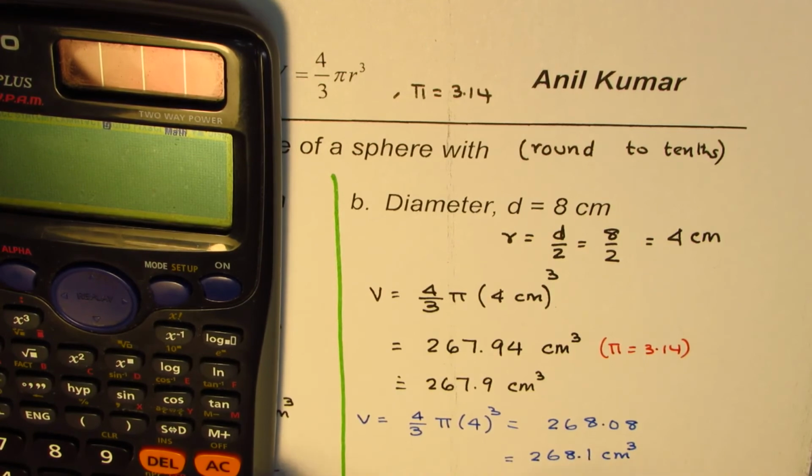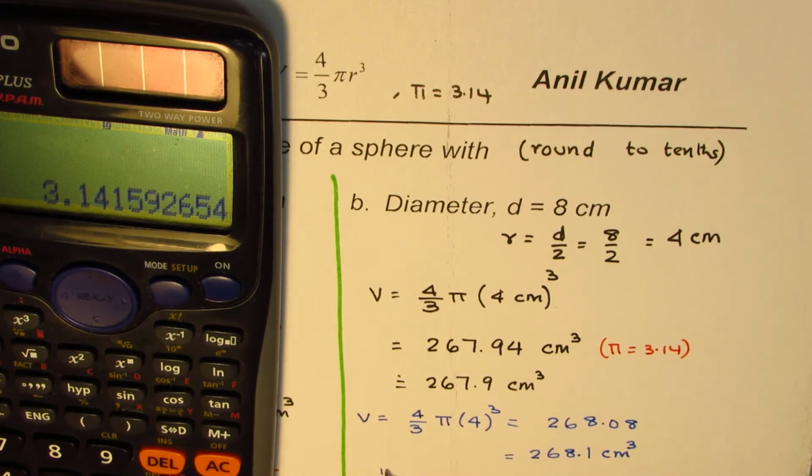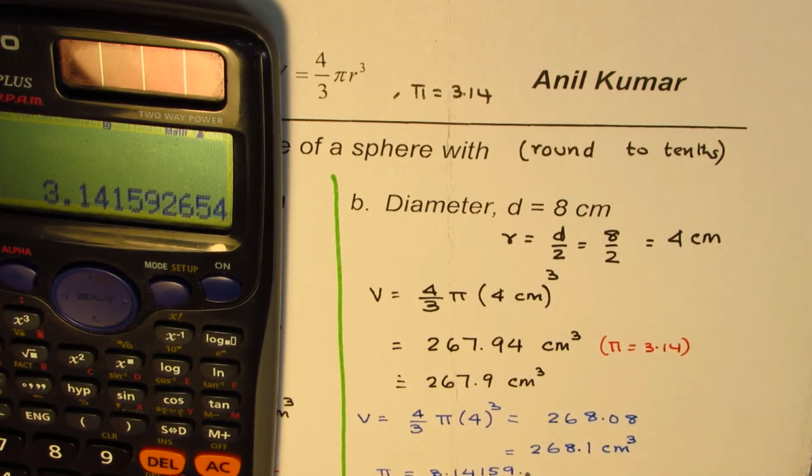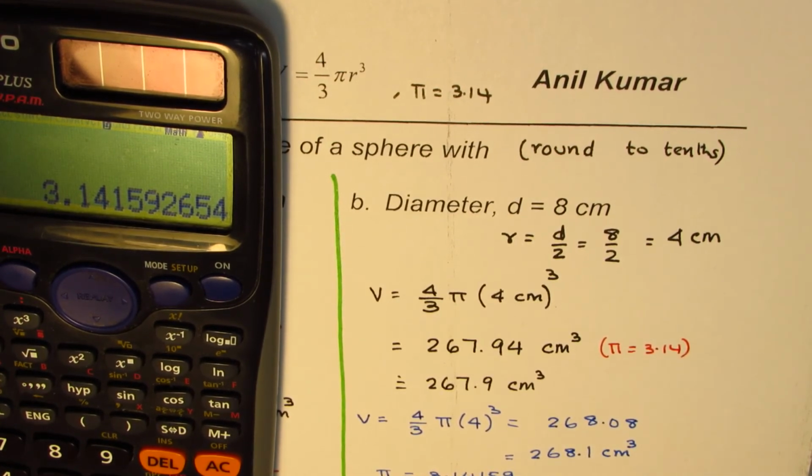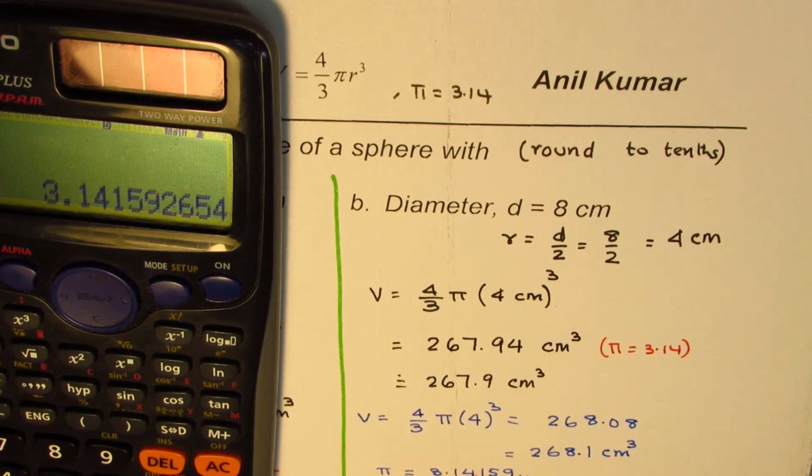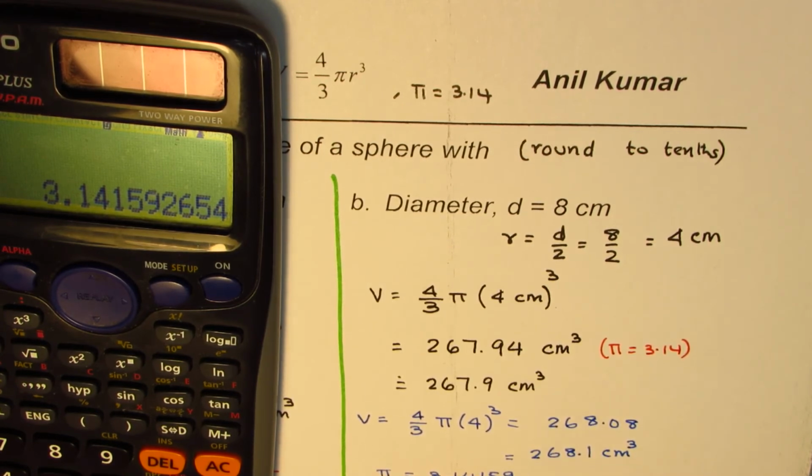So that is the difference, and the difference is mainly because pi is actually equal to 3.14159 something, right? So we use 3.14 in our calculations, which is a roundabout correct value, but 3.14159 makes a slight difference when you multiply some big number, and you can get a difference in the ones place, correct?